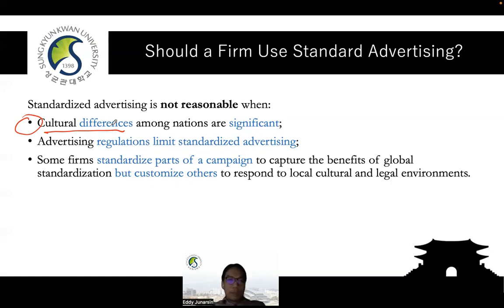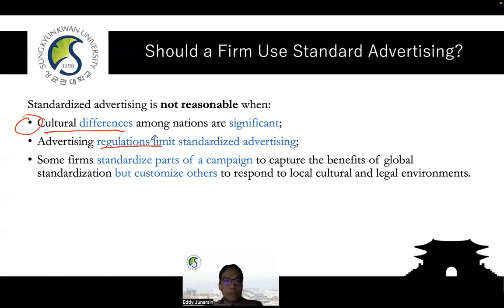Again, although the world is seeing a larger extent of globalization, still in certain regions the differences are very apparent. So we have to make a lot of adjustments, even in advertising, in conveying the messages, in the Middle East, South Asia, Latin America, North America, and so on. There are differences that we have to take into account.